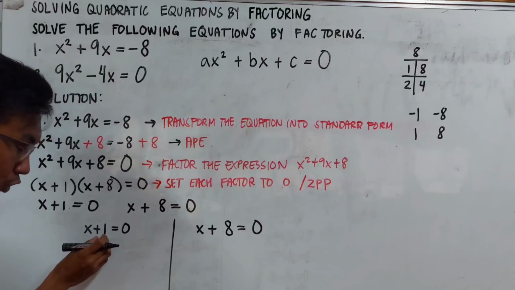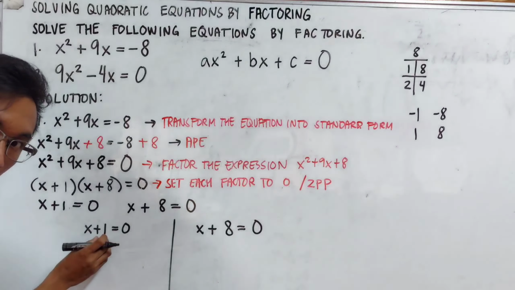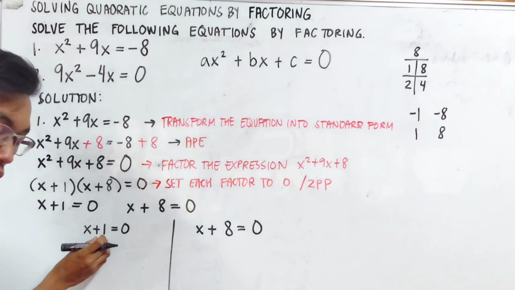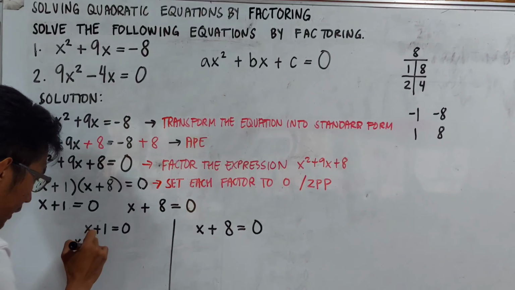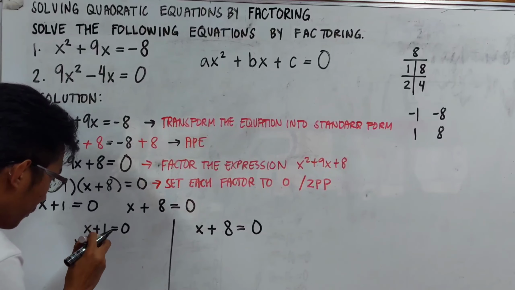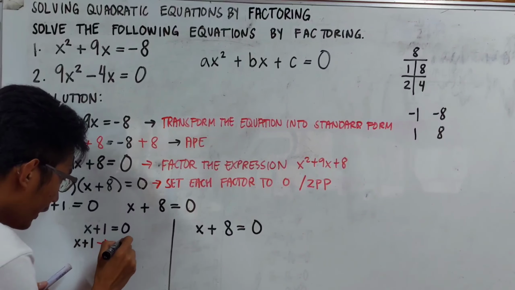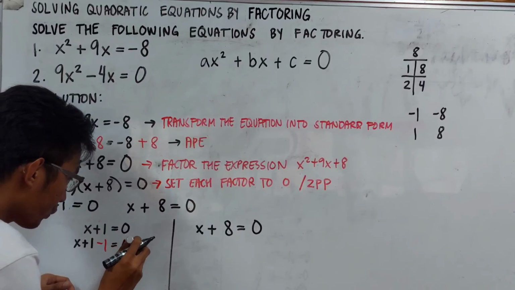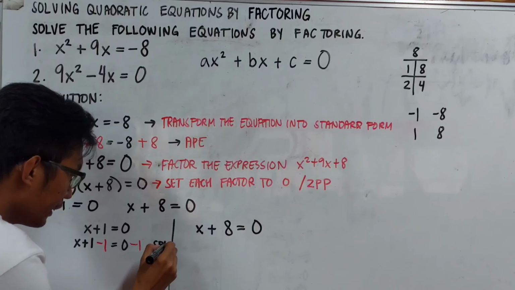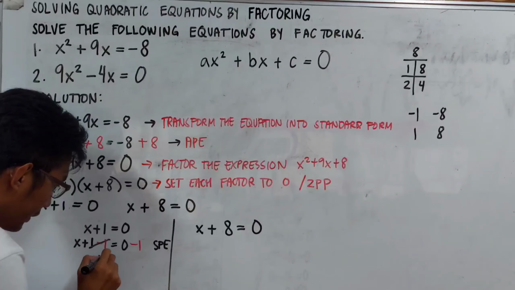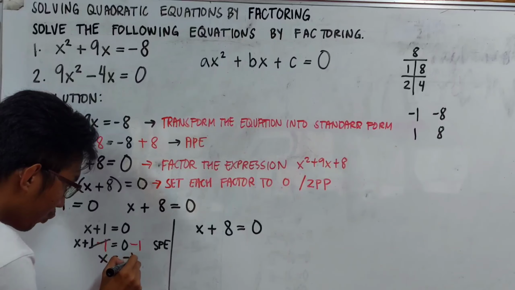Kailangan mawala yan. So, by using subtraction property of equality, subtract both sides by 1. We have x plus 1 minus 1 equals 0 minus 1 by using SPE. Then we have now x equals negative 1.